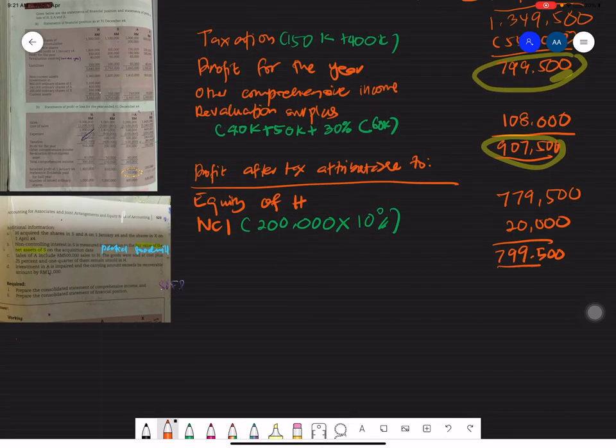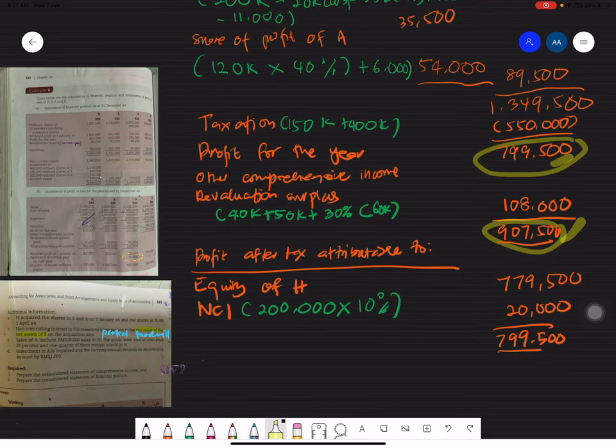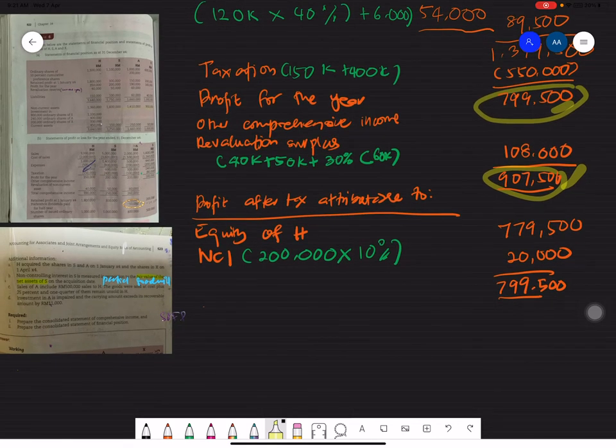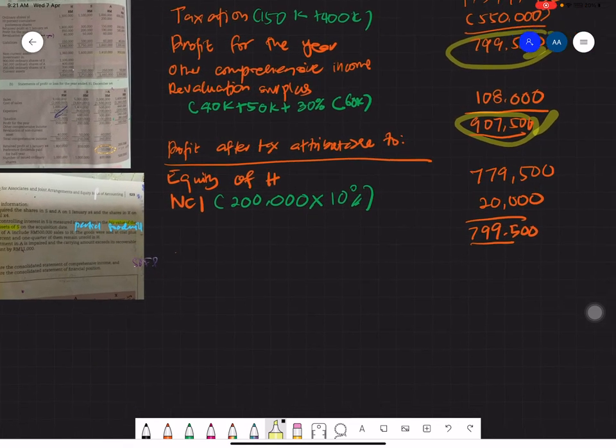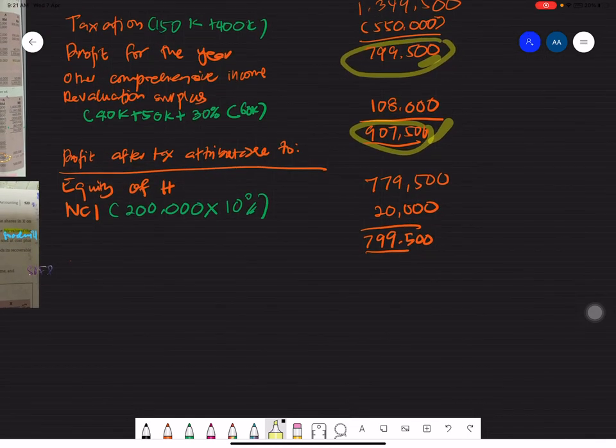Next, total OCI. We also have the OCI figure here. So we need to allocate this 108,000. Sorry, not profit. Total, we call it total comprehensive income.